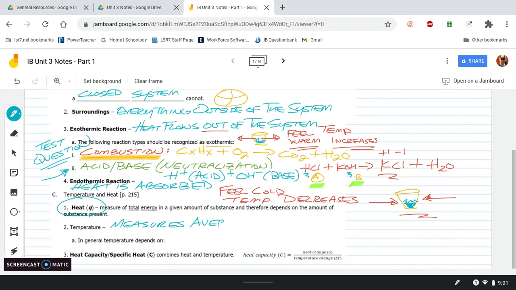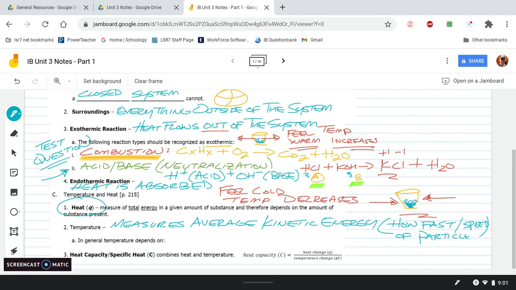And average kinetic energy is how fast particles move, or in parentheses, the speed of particles.